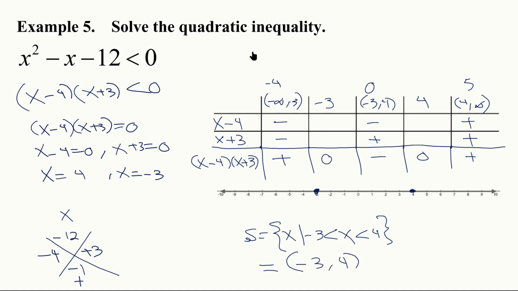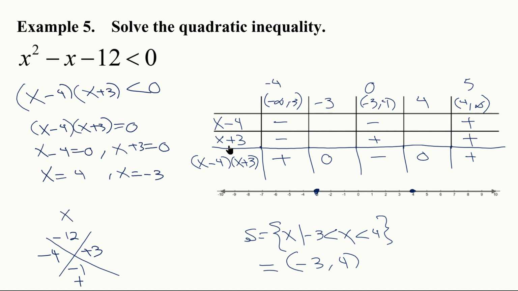Just like that. Okay? Now, let me ask you quickly, and I'm going to do this test to see if you really understand the process. So let me review first of all. All you do is you completely factor and then make a table with each factor and then put your zeros, the points that make it 0, and then look at all the regions that are created. 2 zeros are going to create 3 regions, right?